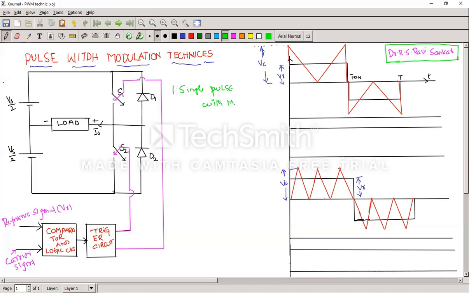The second one is the multiple pulse width modulation technique.